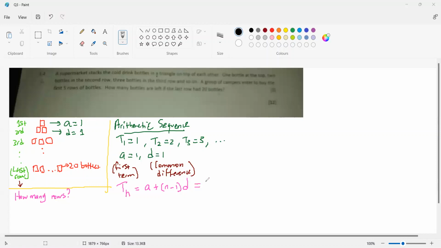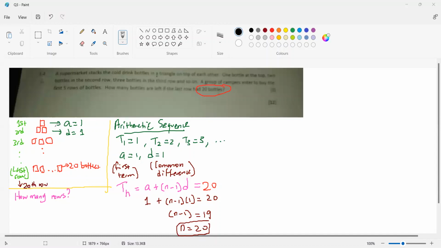This is given as equal to 20 bottles, the last row. So we substitute our values and solve. D is 1, A is 1, this is 20. So n minus 1 equals 19, and n is 20. There are actually 20 rows.